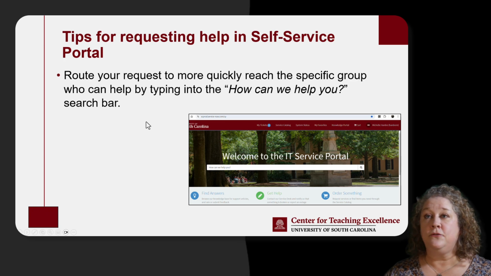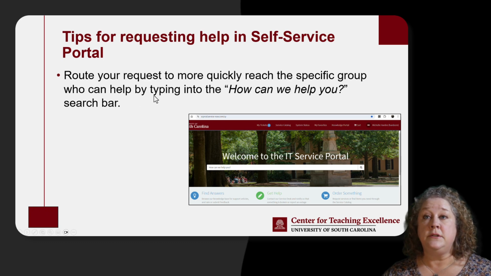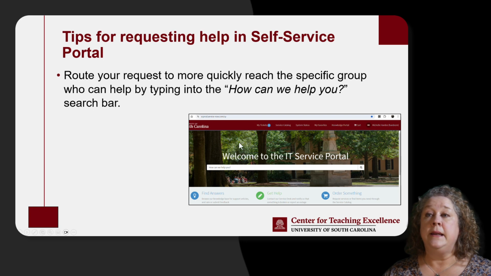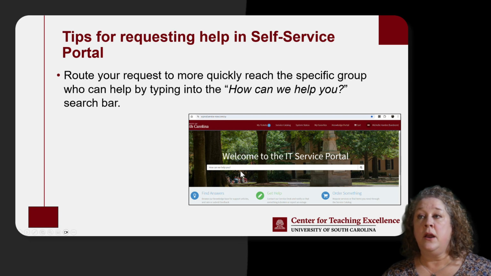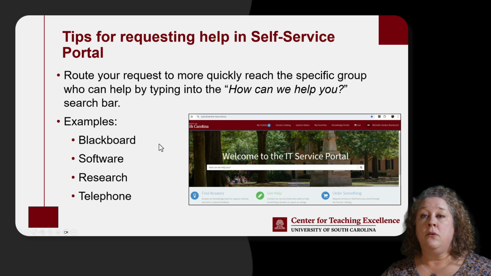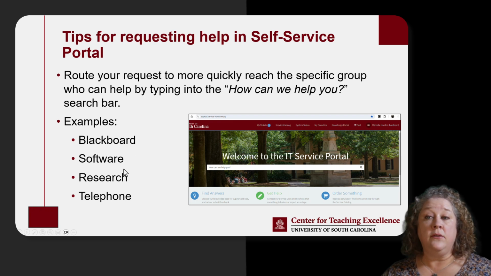Some more tips for requesting help in the self-service portal: you can route your request to more quickly reach the specific group who can help you by typing into the search bar, "How can we help you?" Some examples are getting assistance for Blackboard, software, research computing, and telephone.